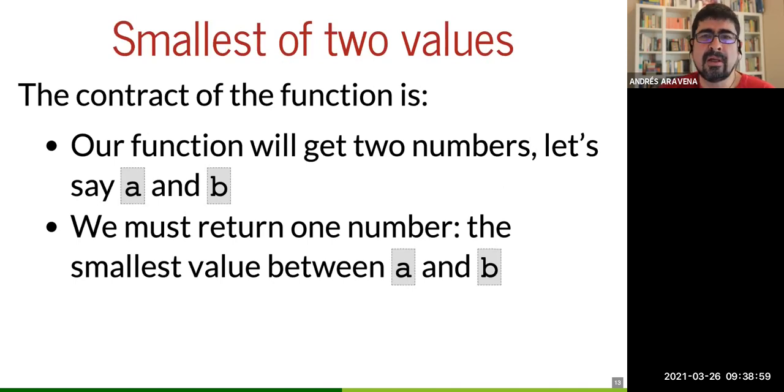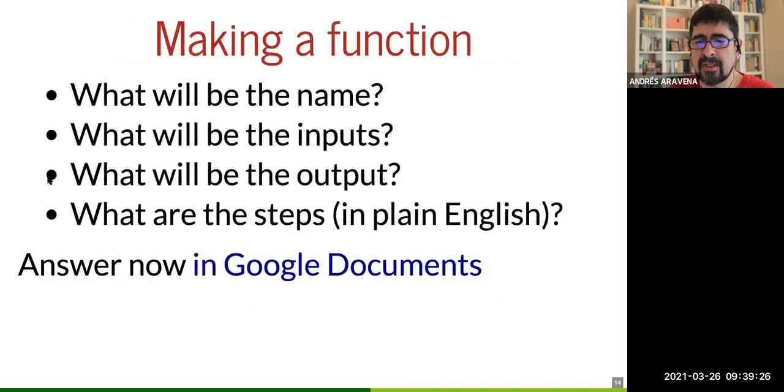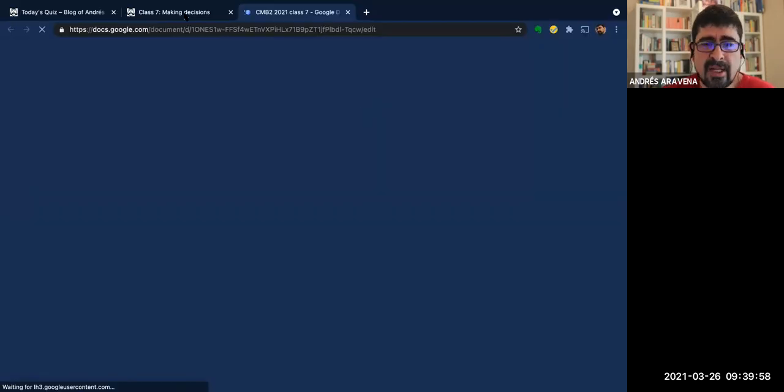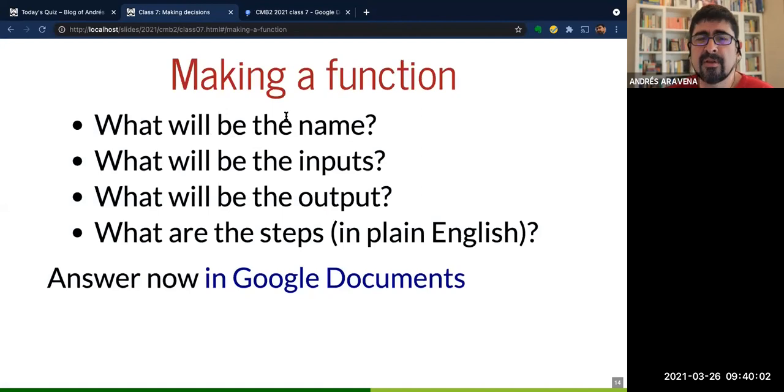You have two numbers that we call A and B. The input should be A and B, and we should return the smallest value between A and B. Let's decide this. What will be the name of the function? A function that takes two numbers and gives you the smallest one.